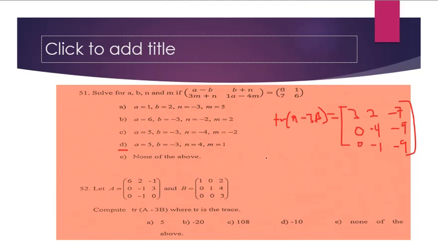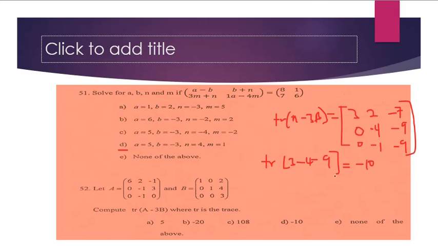Now let's find the trace. The trace is just the sum of the diagonal. So we sum up 3 minus 4 minus 9. When you sum this up, what will we get? That's minus 10.